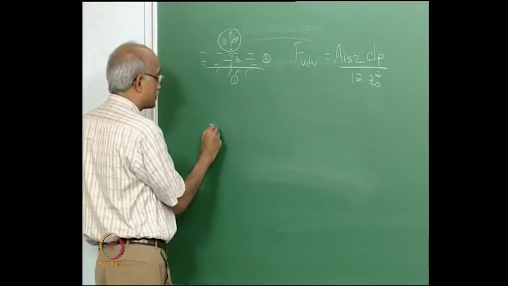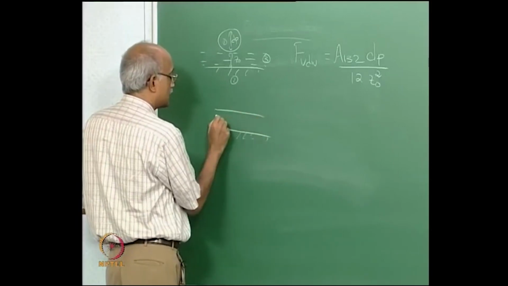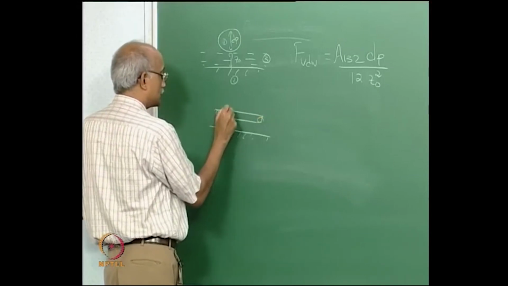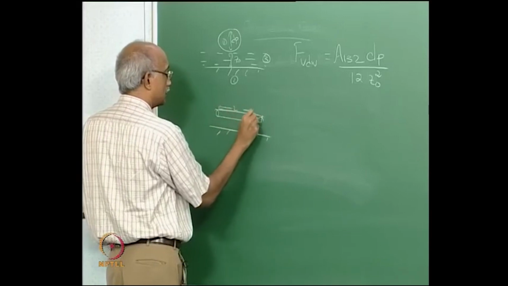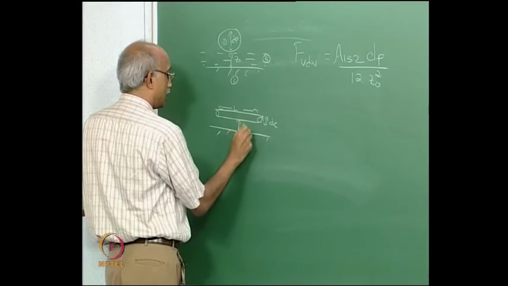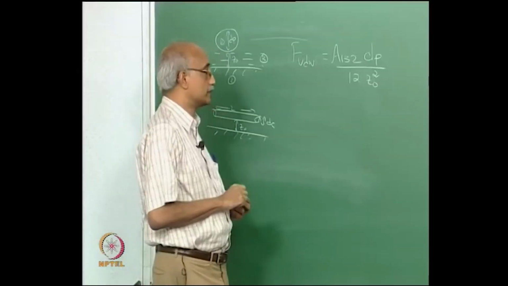Let us look at a case where again you have a planar surface, but now you have a cylindrical particle of some length L and diameter dc, with z0 again the distance of separation between them.